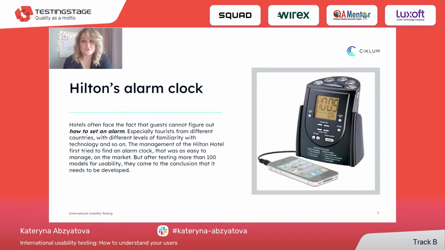Unfortunately, on the pictures it's not possible to read the labels, but there is a button on the front to set the alarm, make changes, and confirm. You can see the time and alarm time at the same time on the screen, and there are different options for sound.